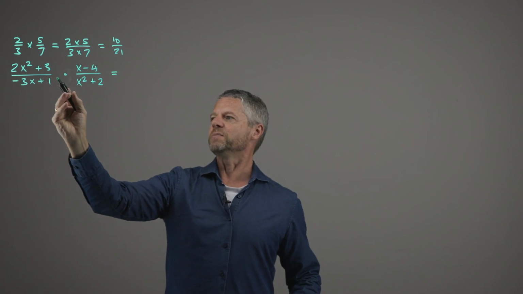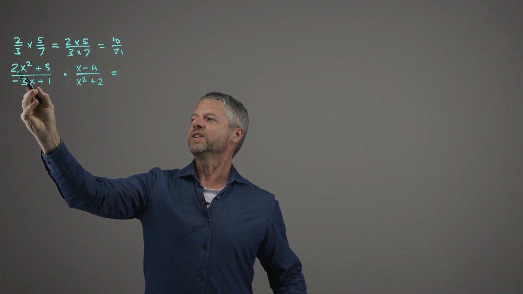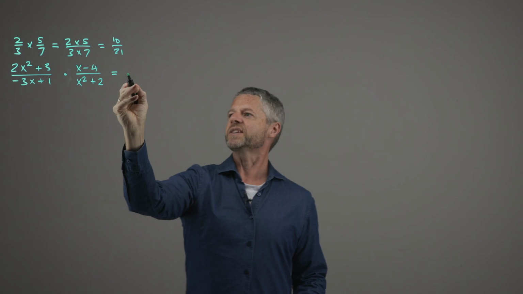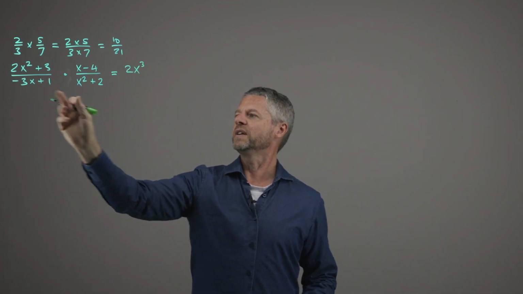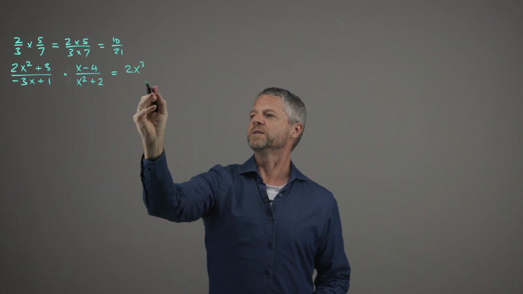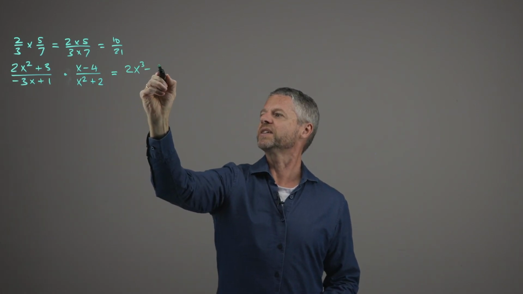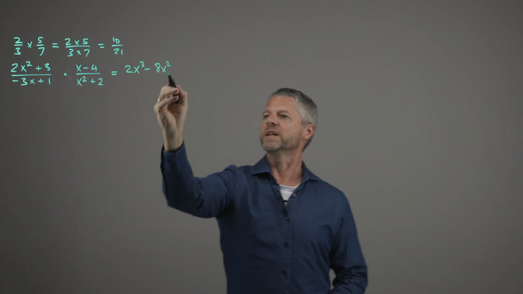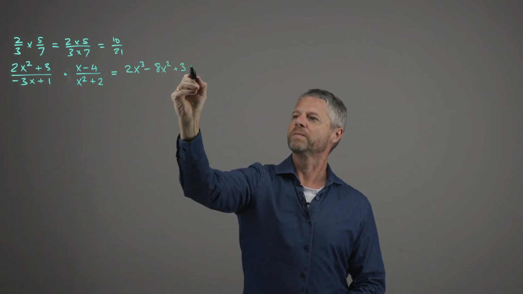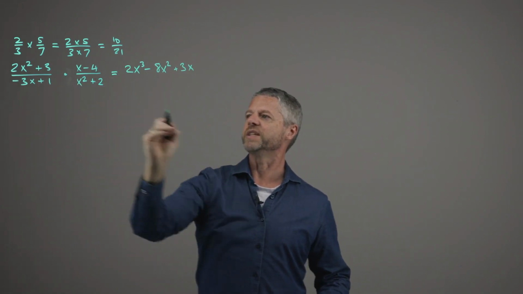So multiplying the numerators, I'm going to have 2x squared times x. So that's going to be 2x cubed. I'll have 2x squared times minus 4, so minus 8x squared. I have plus 3 times x. And I'll have plus 3 times minus 4.